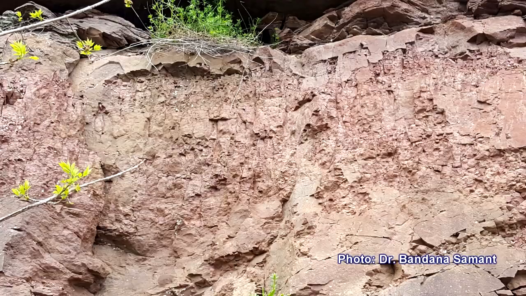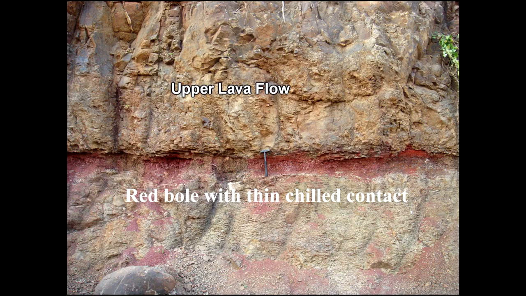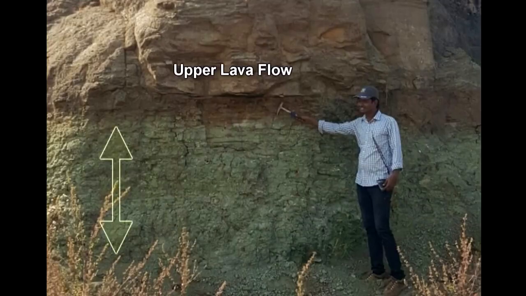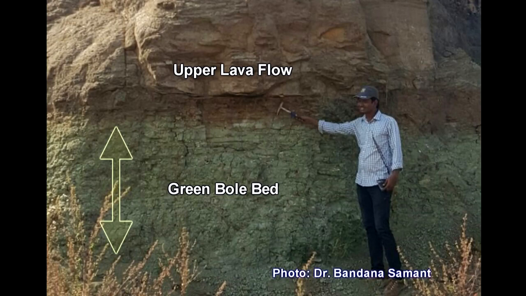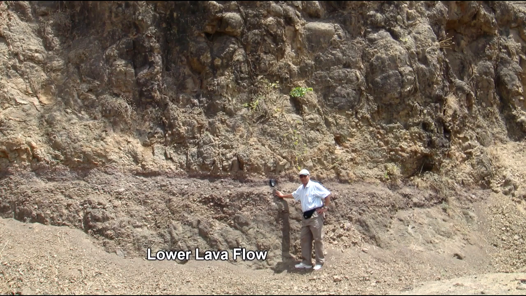After the formation of a lava flow, the surface is in interaction with the hydrosphere and atmosphere, and as a result a soil profile is developed, and these soil profiles hold a lot of vegetation. This vegetation later is burnt by the subsequent lava flow, but this soil profile later fossilized, which is known as bole beds, bole B-O-L-E, bole beds or bole horizons.